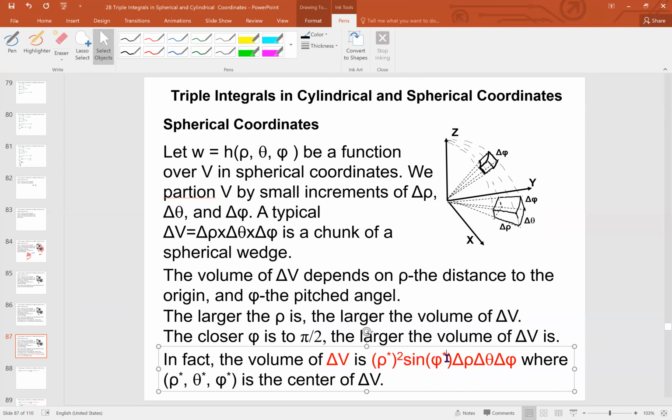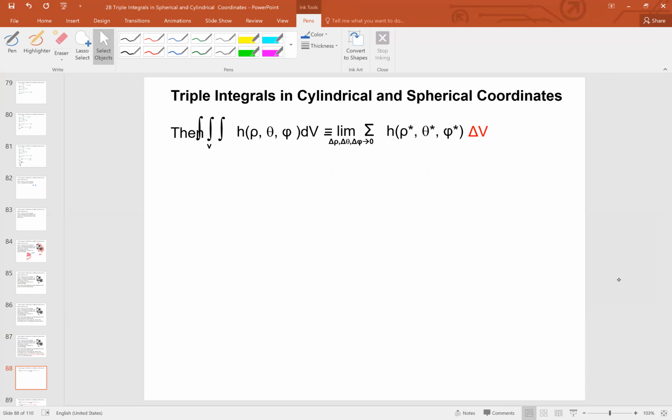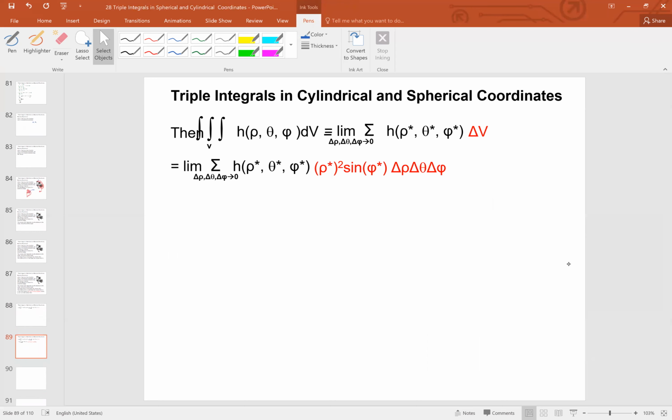But when the angle you're pitching at is already close to 90 degrees, then sine of 90 degrees is 1, and you're going to pick up a big chunk. That's what this differential says. And so this is how we convert functions in spherical coordinates into an iterated integral, interpreting delta v as rho squared sine phi delta rho delta phi delta theta.